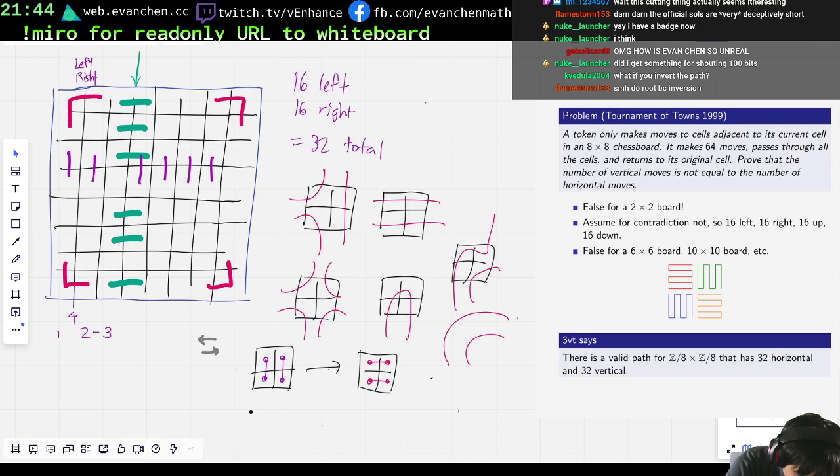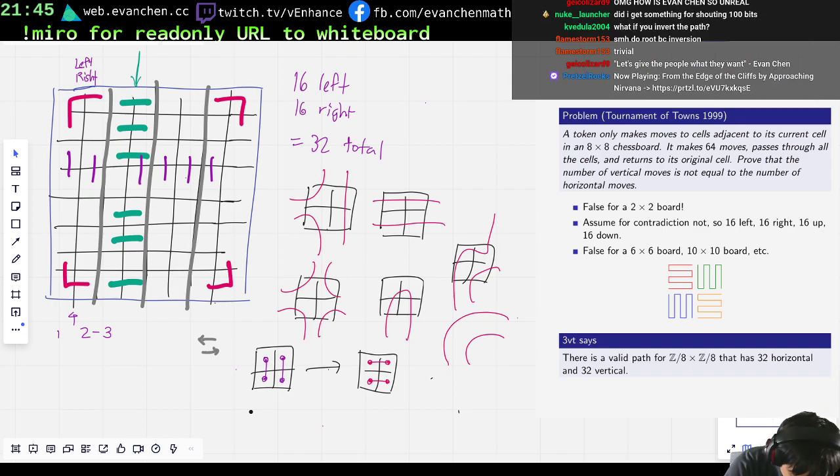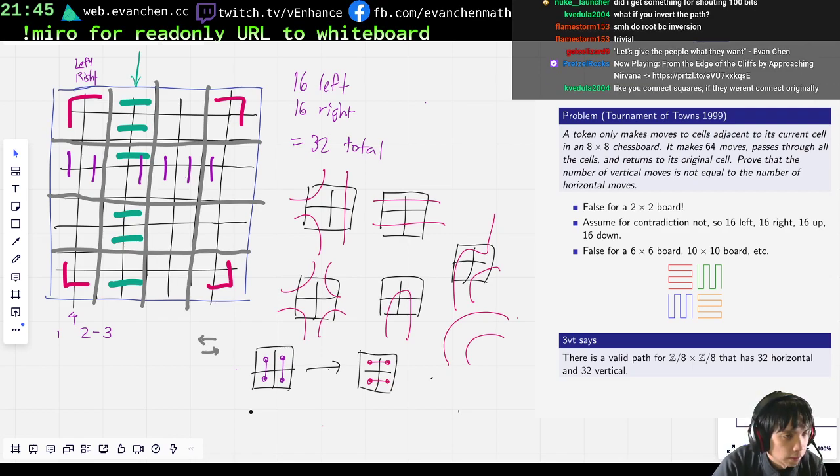Pencil. So I'll cut the 8x8 into 2x2 squares like this. So the path has 64 moves, and then there's some moves that pass between things. So, oh, this is not quite what I want.